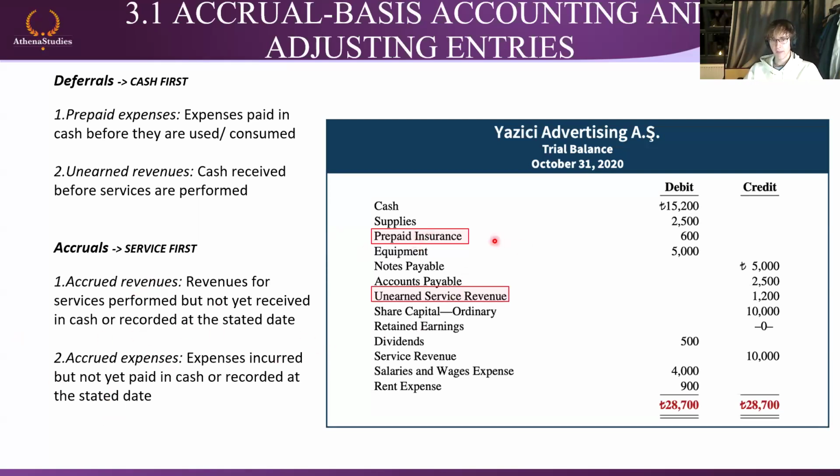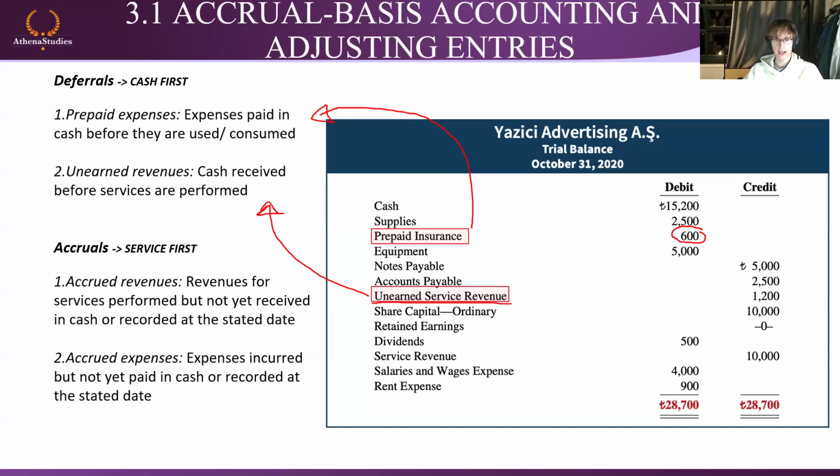And I think I mentioned it before, but here when I said we'll see it in chapter 3, prepaid insurance. If you look here, this would be a prepaid expense because we have paid for our insurance ahead of time and it shows up as an asset, right? Because that's something we can use. Unearned service revenue, if you look here, is from here, right?